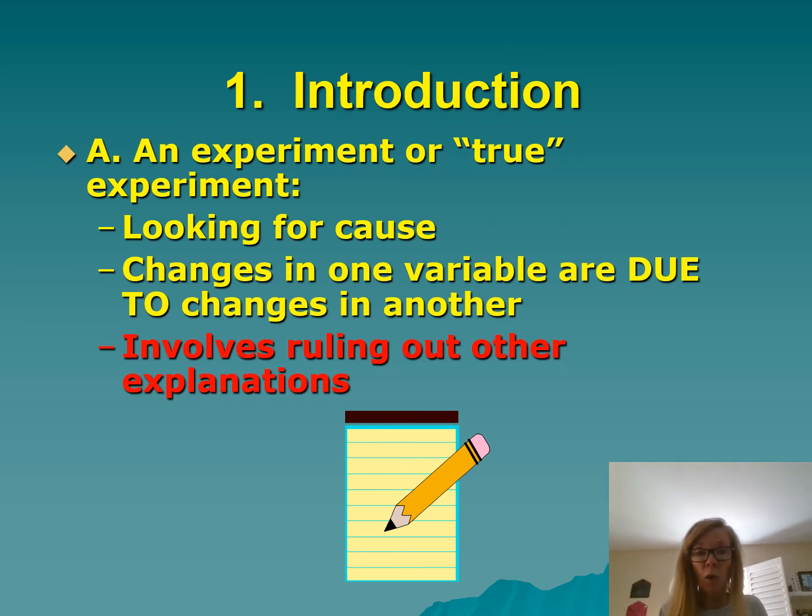You need to isolate the string as the only possible explanation for why that puppet's leg is moving. I sound like a crazy person, but I hope you understand the analogy. You have to rule out other possible explanations, such that the only remaining explanation for changes in your dependent variable is what has changed under your control with the independent variable. So alternative explanations for changes in the dependent variable must be ruled out.